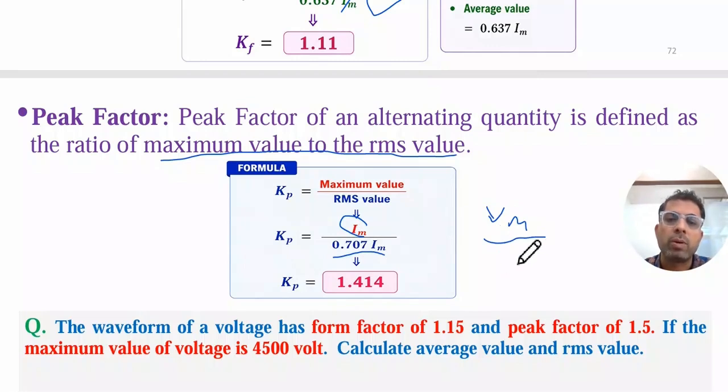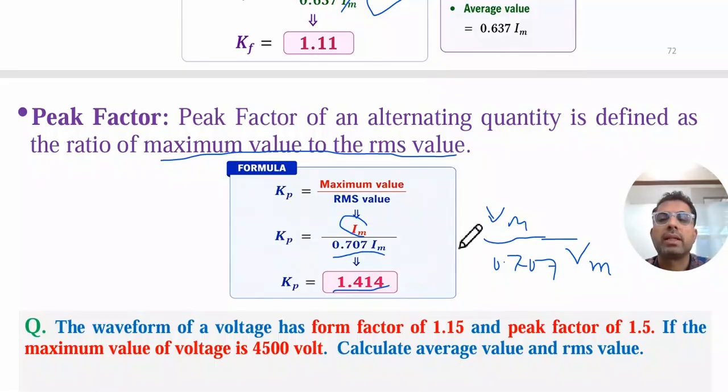Vm by 0.707 Vm. The formula is the same for Vm and Im. Only instead of Vm, you need to write Im here. And Vm or Im gets cancelled. So what is the value here? 1.4.